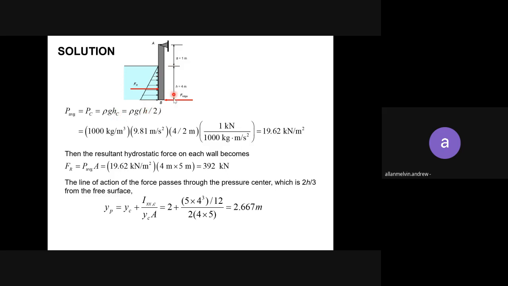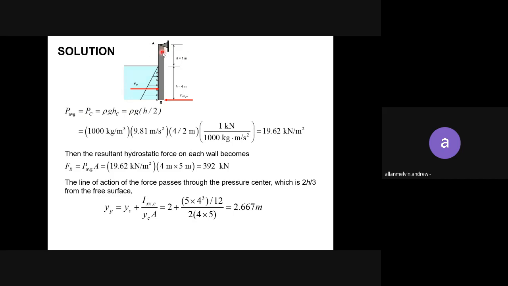So this is your H, and you are taking half, so the center of this part is H over 2. Okay, and please note that this hydrostatic force is only acting on the water part, not on the air part on top.